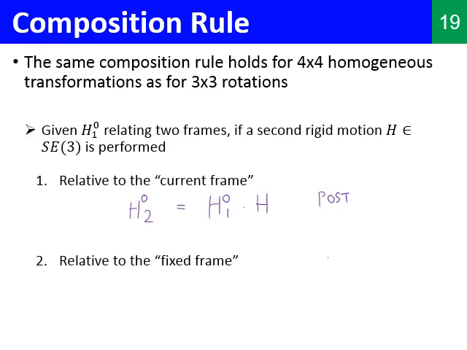And similarly, if we are doing the second rigid motion with respect to the fixed frame, then the resulting homogeneous transformation matrix would have H in front. So this is pre-multiplication.